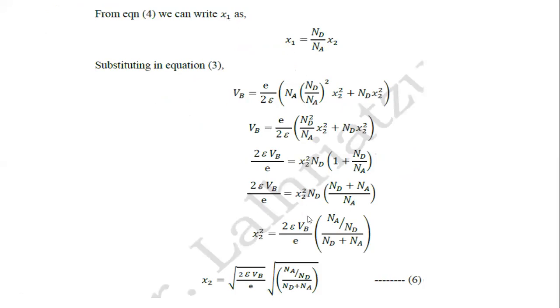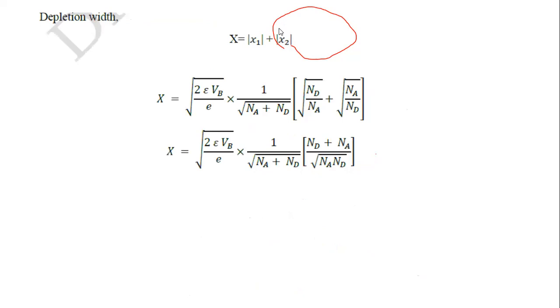Then substituting the value of x1 in equation 3, you will get an expression of x2 like this. Then the depletion width is simply the magnitude of x1 plus the magnitude of x2. You can add these two quantities, and after adding the x1 and x2 magnitudes, this is what you will get as your depletion width.